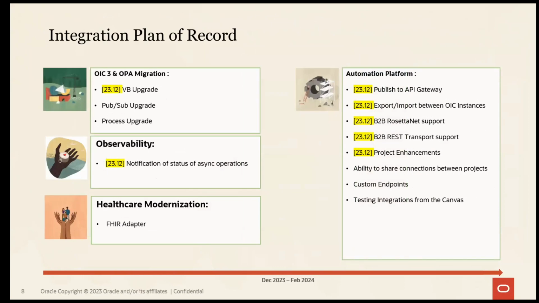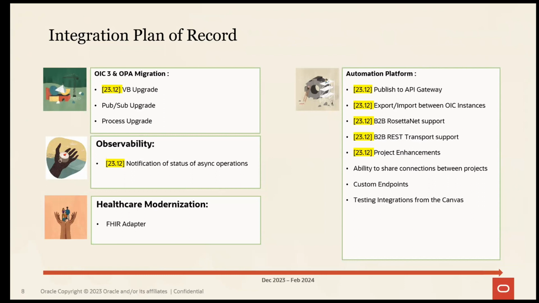So the integration plan of record. So what we're looking at, what's happening now and coming up very soon. From an OIC 3 migration perspective, now we all know OIC Gen 2, most customers are still on that. The upgrade to OIC 3 will be happening, or is already happening, but will be progressing over the next 6 to 9 months, so to speak.